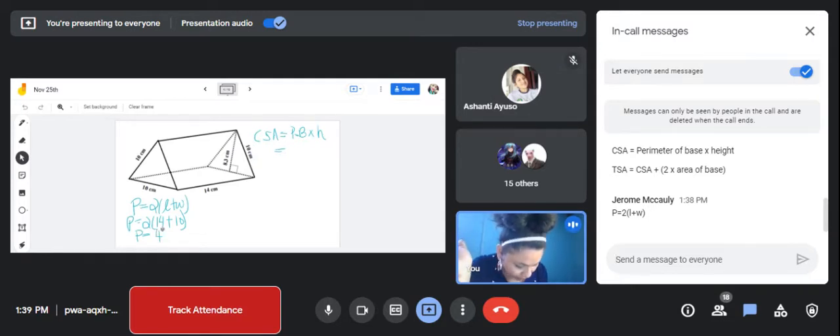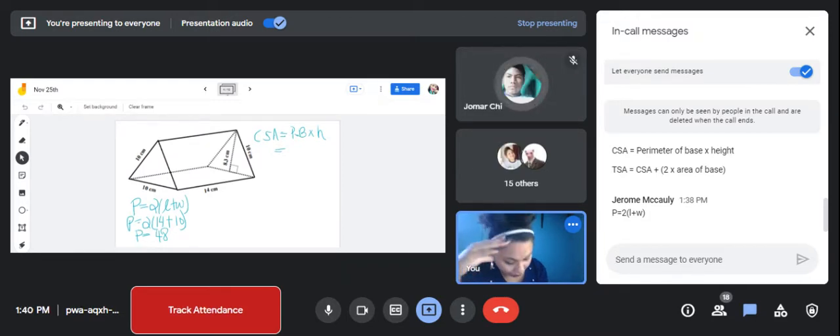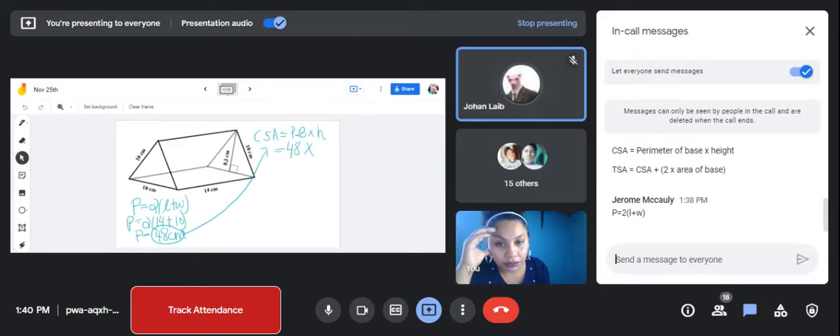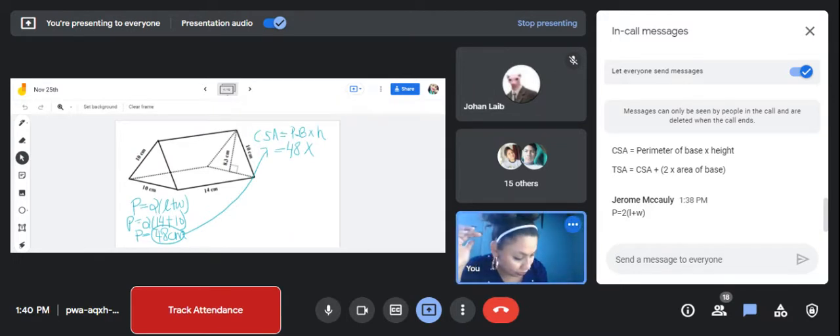Very good. 48 what? Centimeters. Very good. So this is what I'm going to put into this formula. What is the height of this prism? 8.3. Very good. What is 48 times 8.3 now?